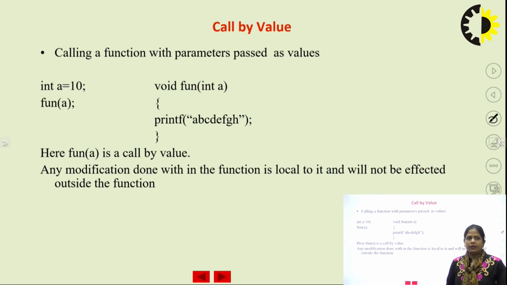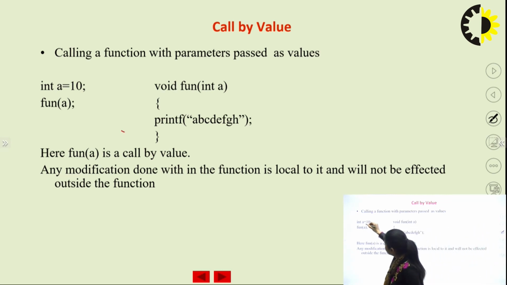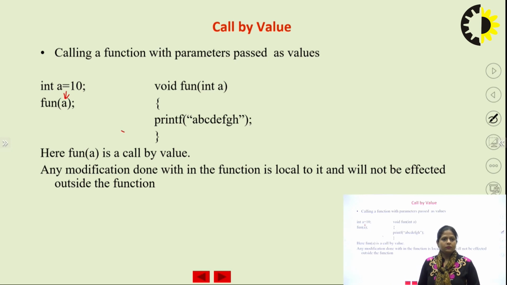In call by value, we simply pass the value of a parameter, and the value of the actual parameters is simply copied into the formal parameters.